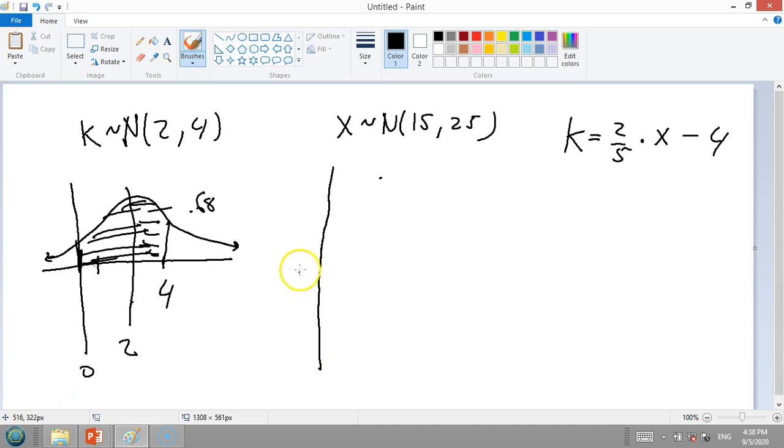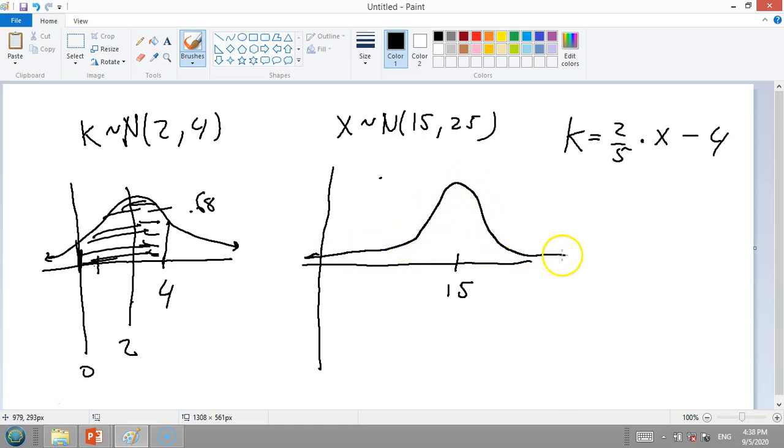And here, again, I have this axis. If you have something like 15, and the variance is 25, so the square root of 25 is 5. The standard deviation is 5. So plus minus 5 from the 15 will be 20 and 10.